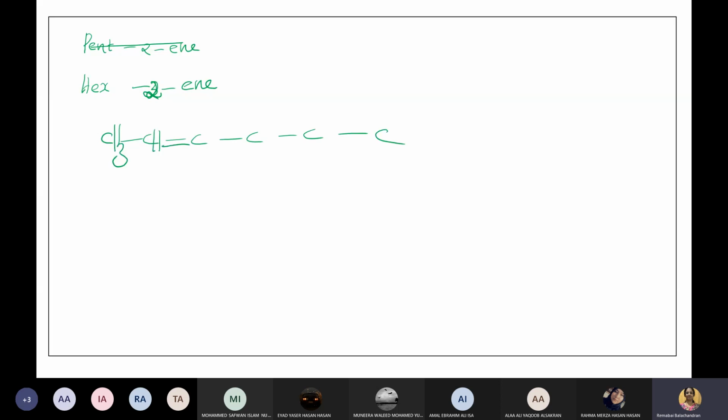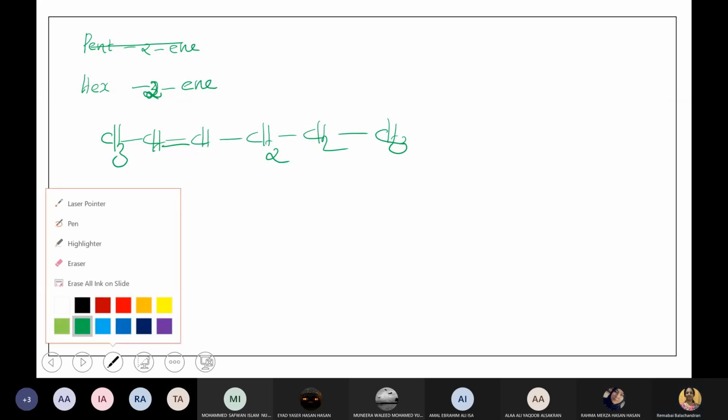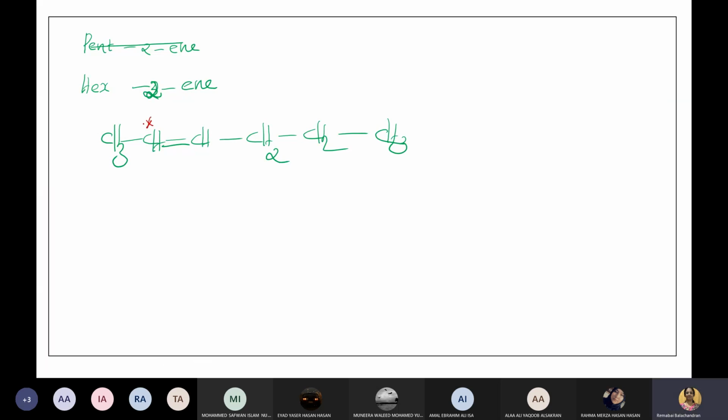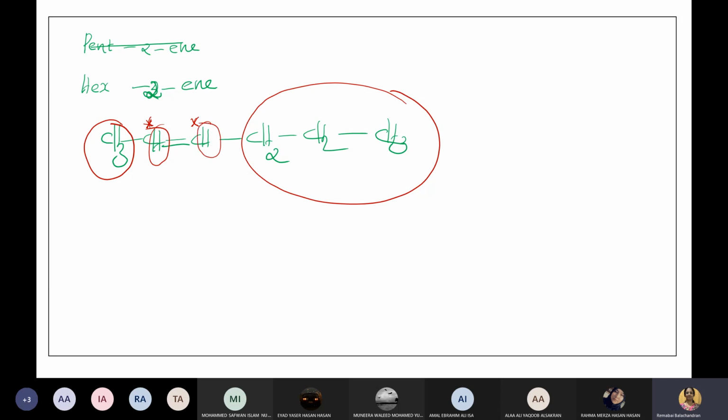Satisfy the valency: CH3, CH=CH, CH2, CH2, CH3. Now, come on, focus on these two. Now, one side it's H, the other side it's CH3. Next side this group, the other one this one. So how do you do it?